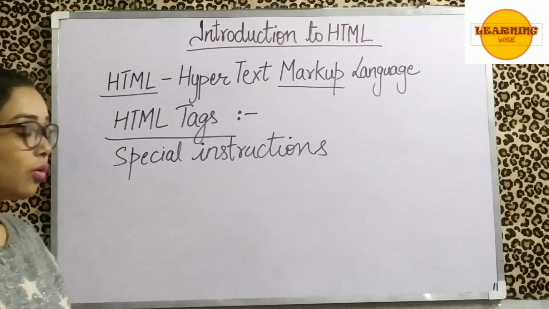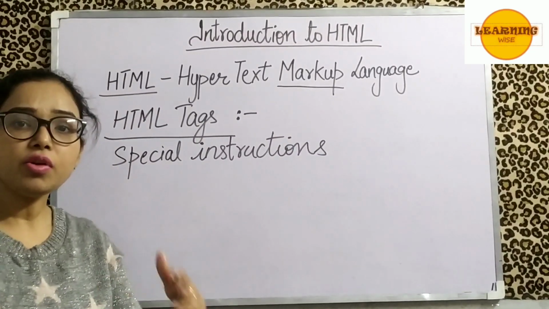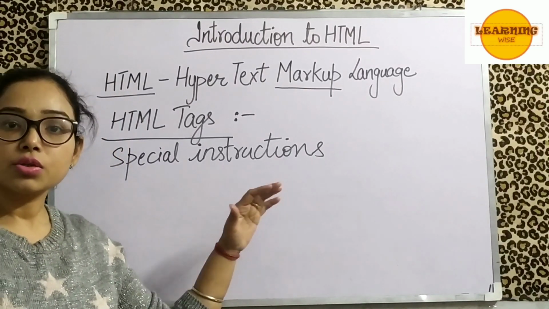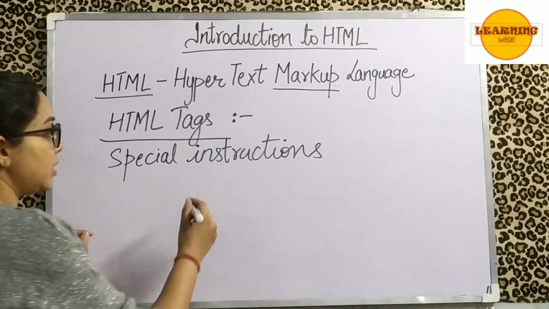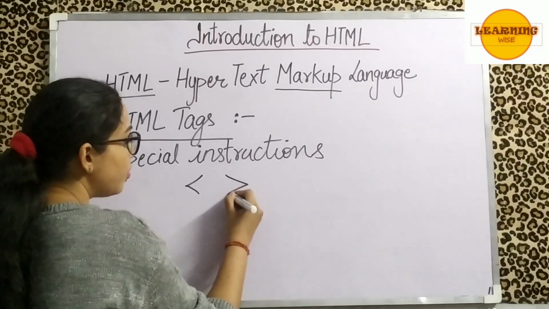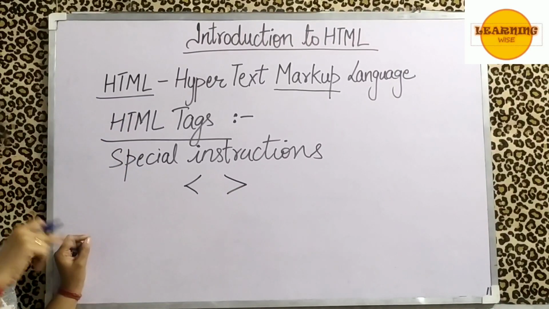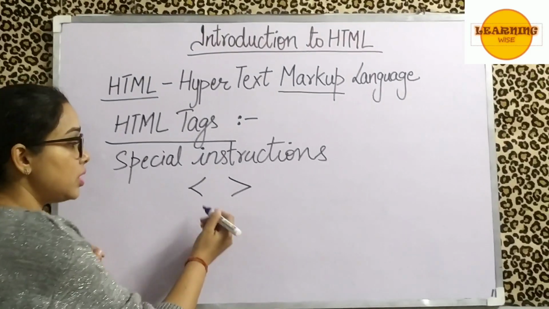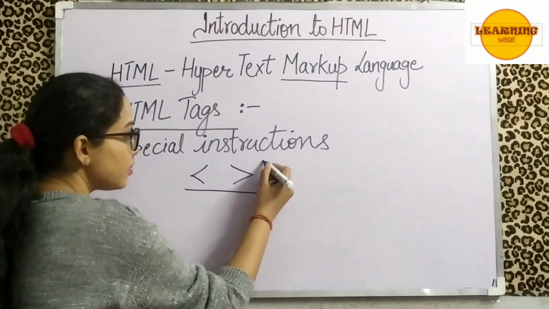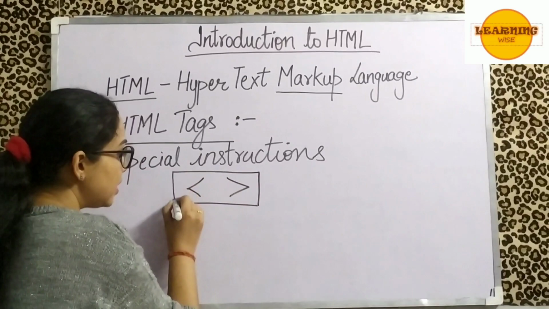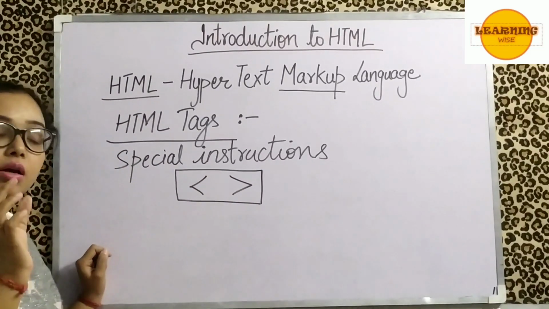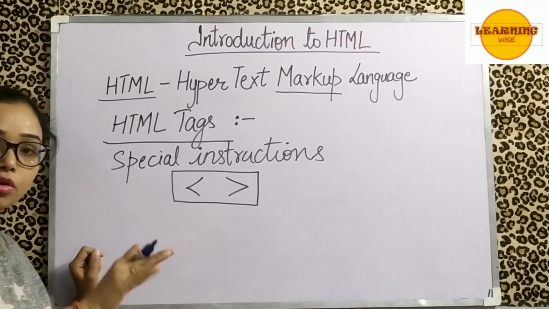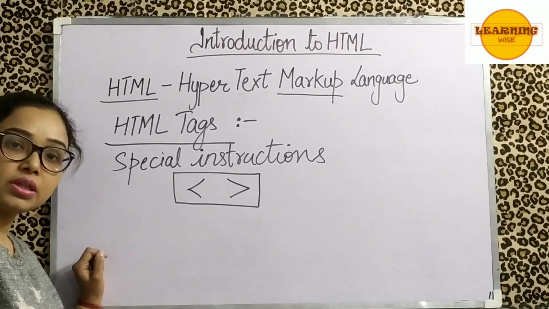Now the question arises, how are we going to differentiate between normal content and a tag? Basically there are angular brackets. You can see the greater than and less than signs on your keyboard. Whatever you put between these two angular brackets is actually the tag.